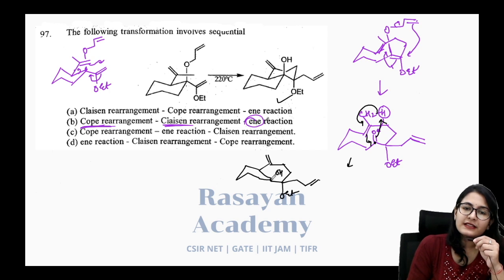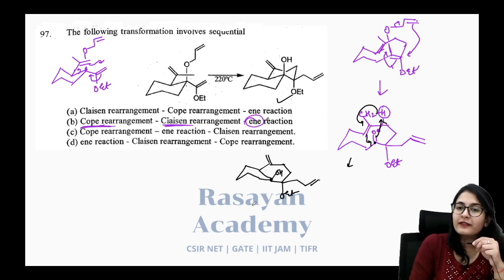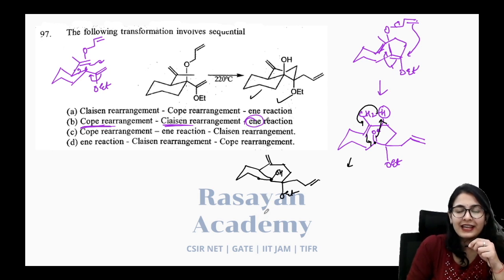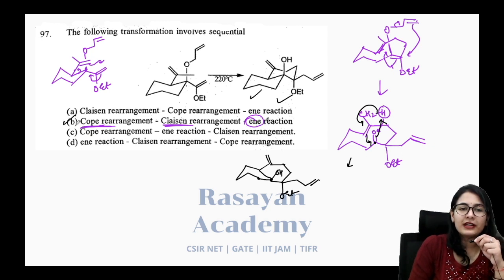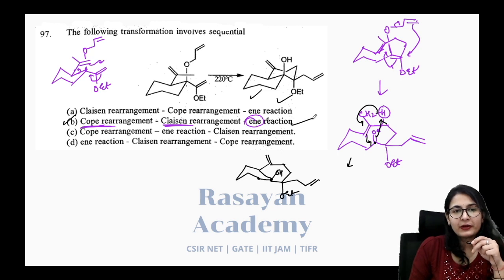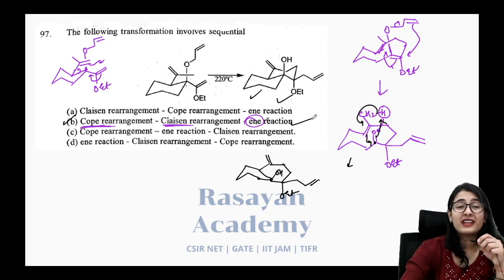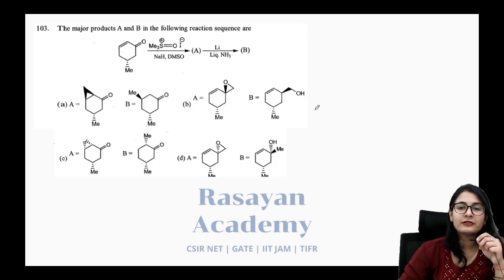So this is a cyclohexane system. Also, it's not very beautiful, but absolutely it is cyclohexane. You are having 6 carbons over here. You can draw the molecule in this way. All right. So what have we got? We have got the Cope rearrangement, Claisen rearrangement, and the ene. Okay, all of them in this one question. Very beautiful question, December 2015.